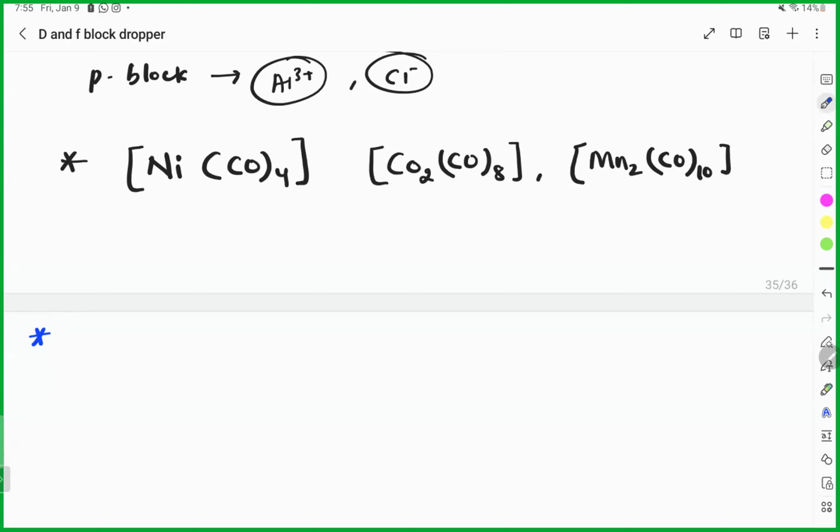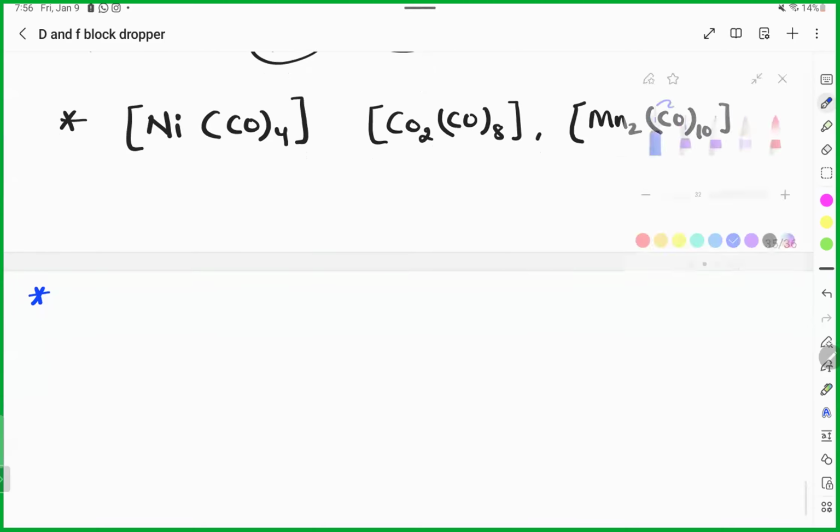What was your question? Whether it was bridged or not bridged. They said that Mn2(CO)10 doesn't have the bridging ligand. Cobalt has a bridge. Mn, the bridge is not there in the case of Mn.